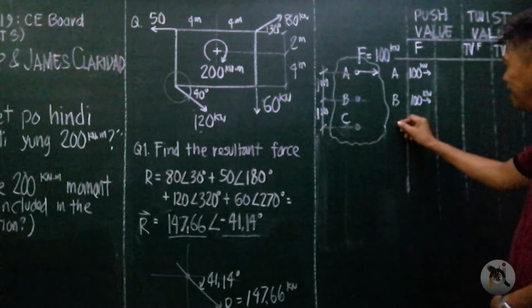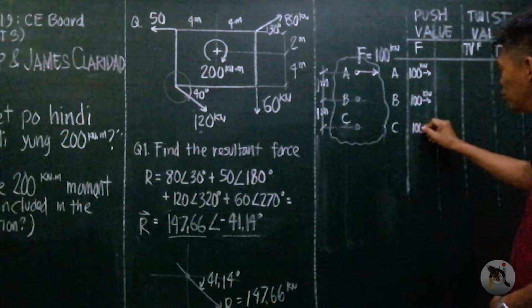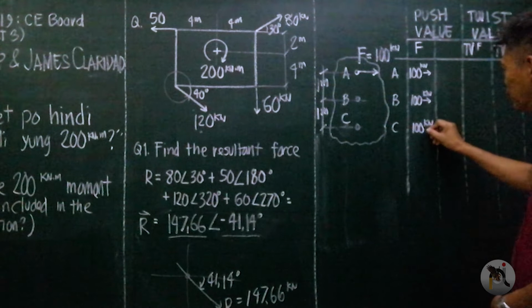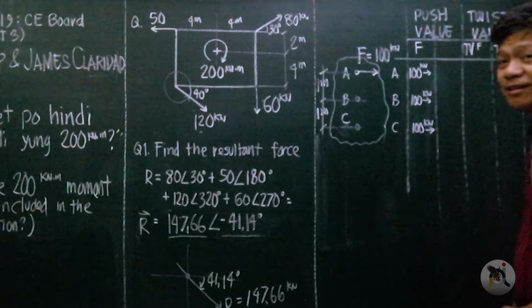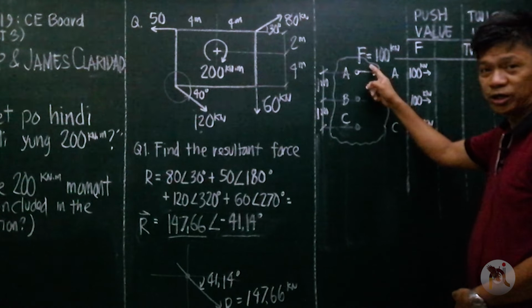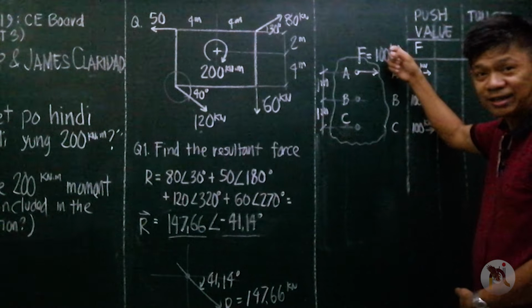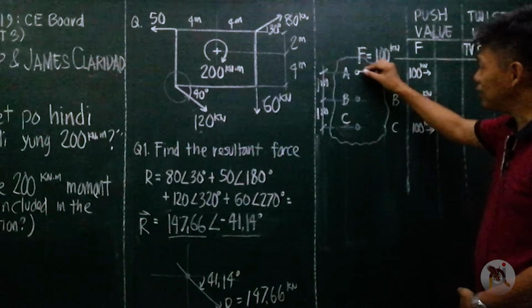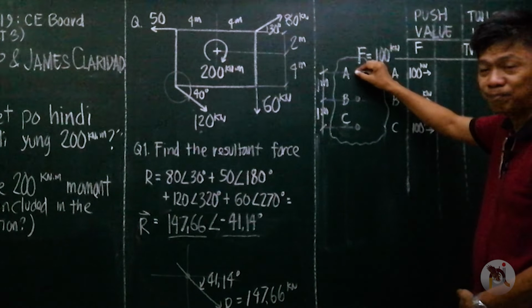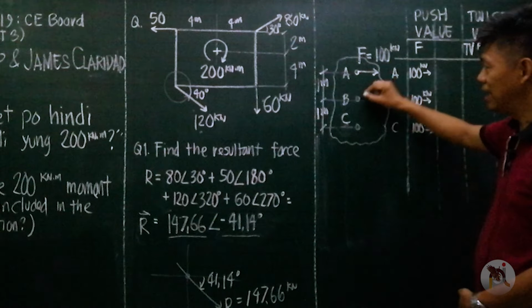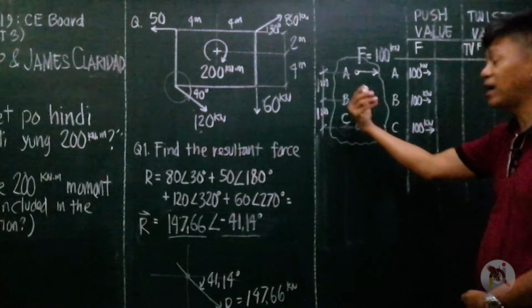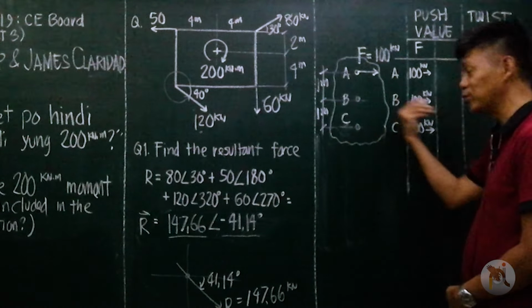At point C, it has a push value of 100 kilonewtons to the right. Meaning this force will move the object to the right at 100 kilonewtons. So this will push our object at A, at B, at C 100 kilonewtons to the right.